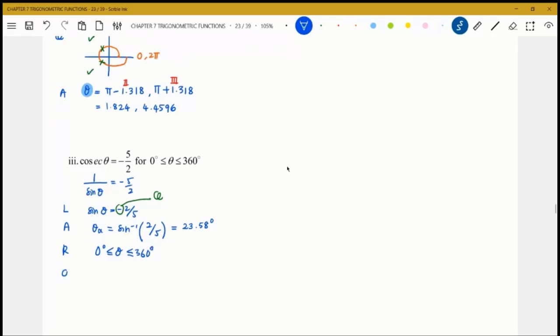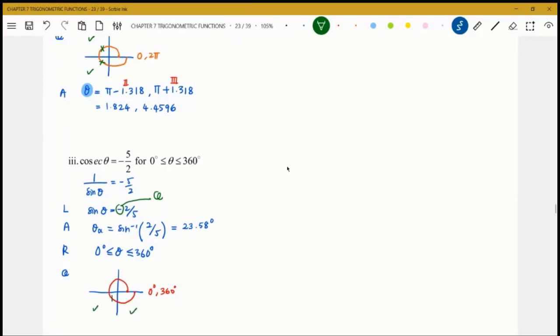Okay, and then the quadrant, so it lies from the 0 degree to 360 full rotation. Okay, so sin negative, dia dekat kuadran berapa? 3 dan 4. Sin negative pada kuadran ketiga dan kuadran keempat.